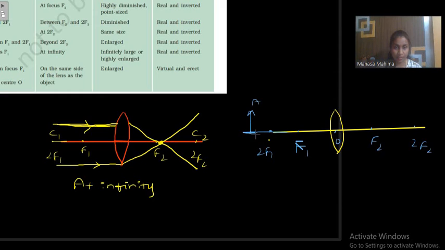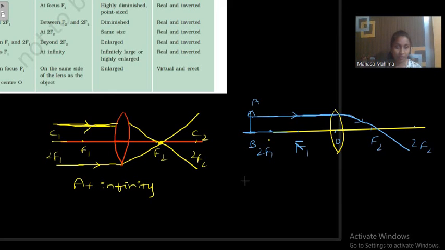I will take this as A, and we use any two rays. One ray will be parallel to the principal axis. After refraction, how will it be? It passes through F2, correct?